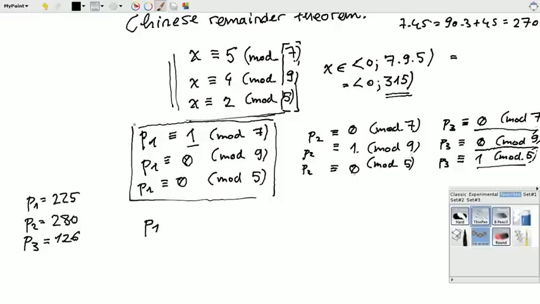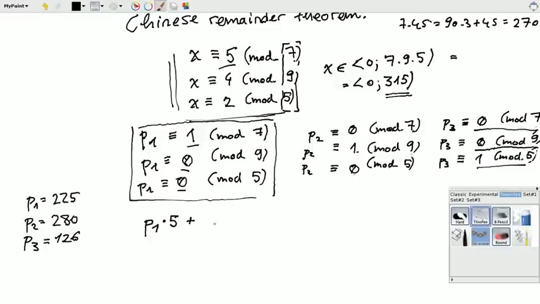p1, as you recall, is congruent with 1 modulo 7, with 0 modulo 9, and with 0 modulo 5. So if I multiply p1 by 5, I will get some number that is congruent with 5 modulo 7, with 0 modulo 9, and with 0 modulo 5.